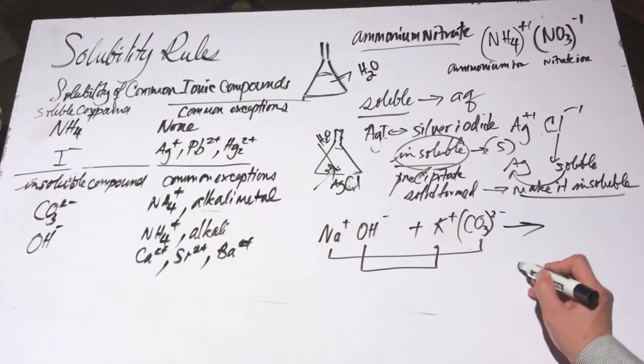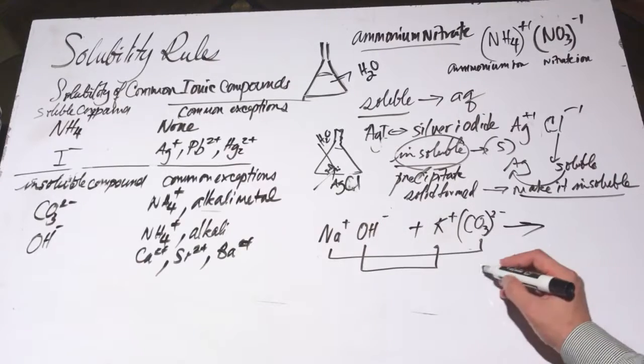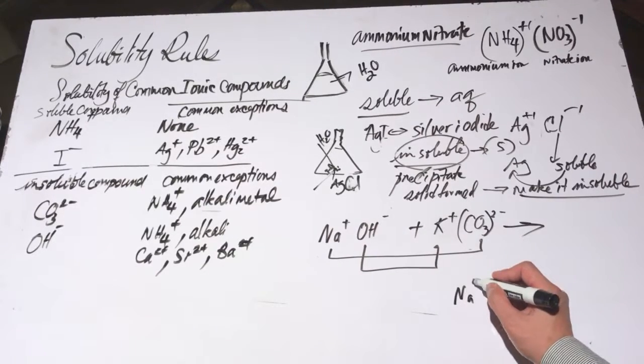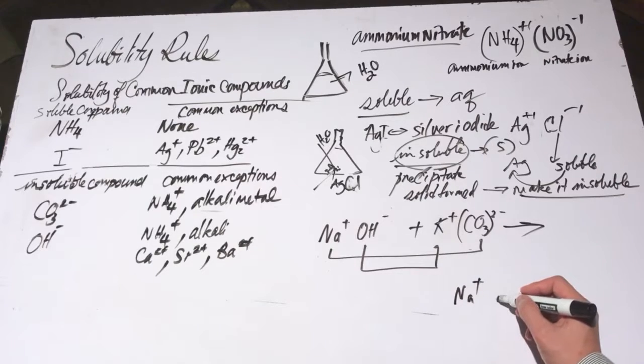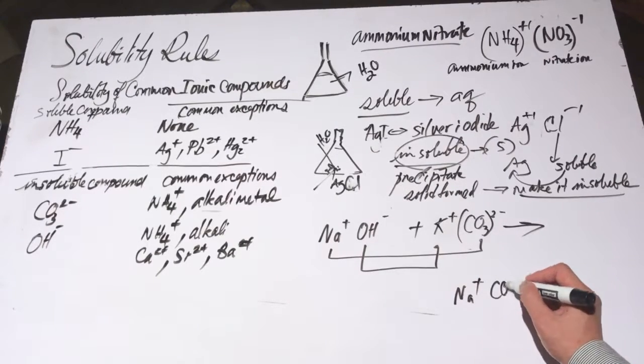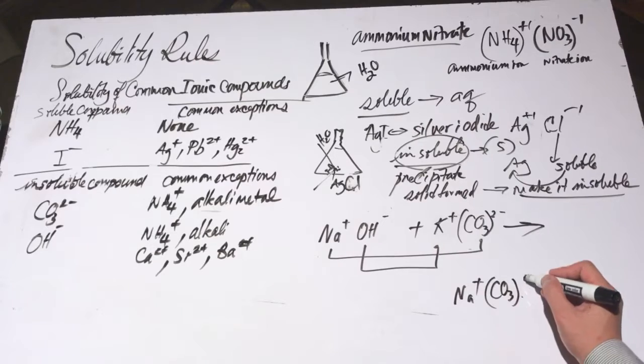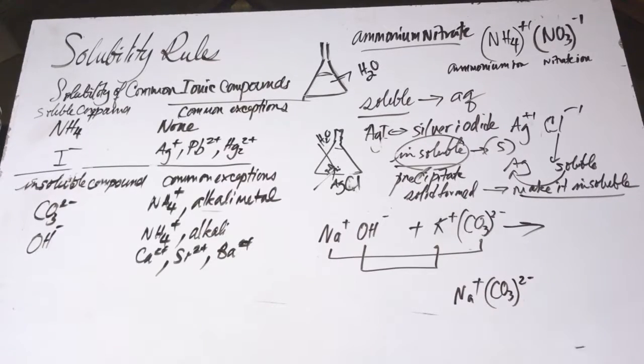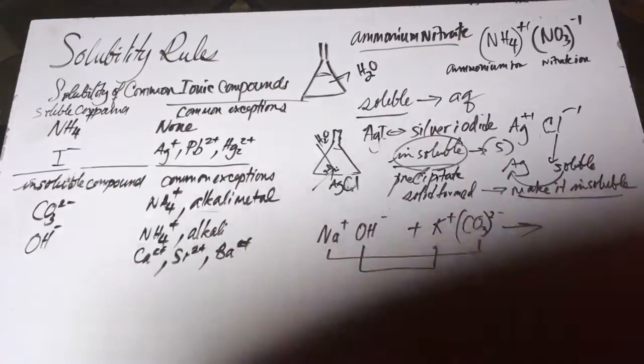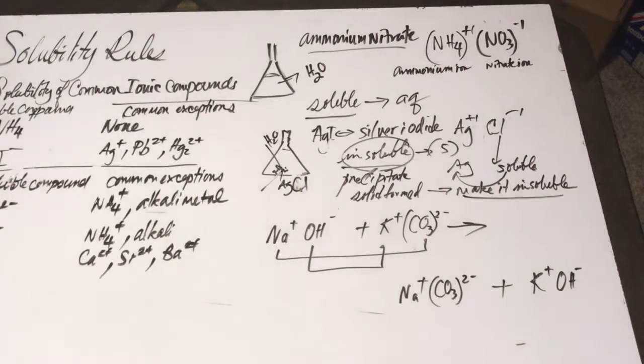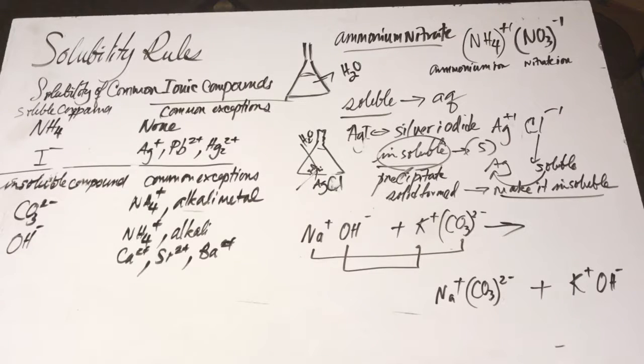At the end, I should have two different products. The first one would be sodium plus carbonate right here, and potassium hydroxide. So these are two different products that come out of the precipitation reaction.